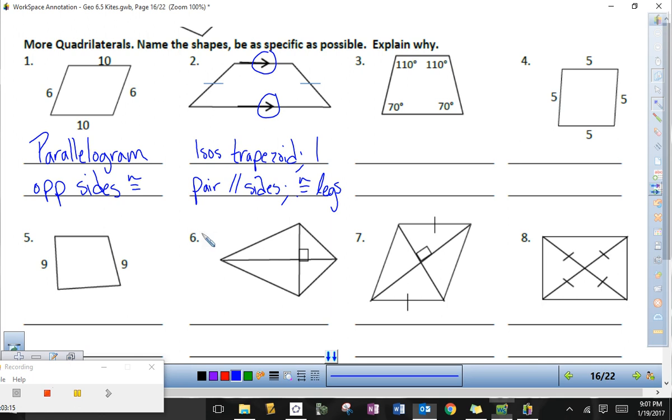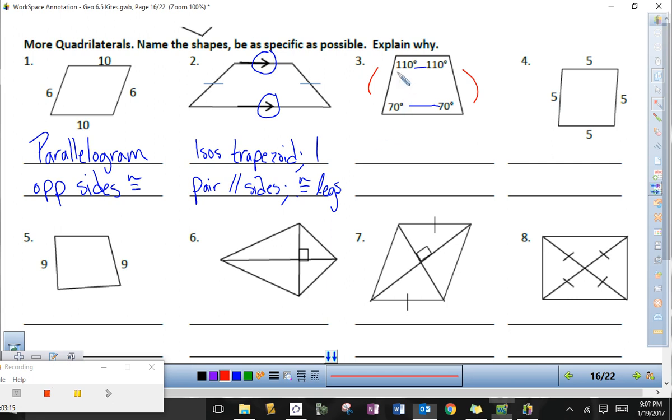All right, for the next one, we've only got angles marked, so we want to see if any are congruent or supplementary. Those are what our properties have to deal with. If you notice, the top two and the bottom two are congruent to each other. As for supplementary, the side two pairs are, the top two pairs aren't. So not all of the sets are supplementary, but two of them are.